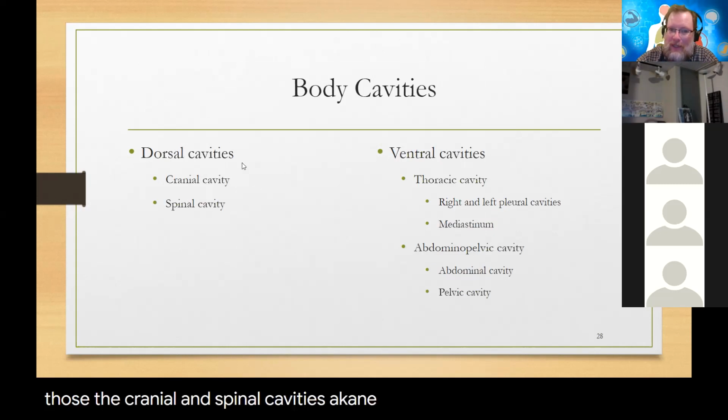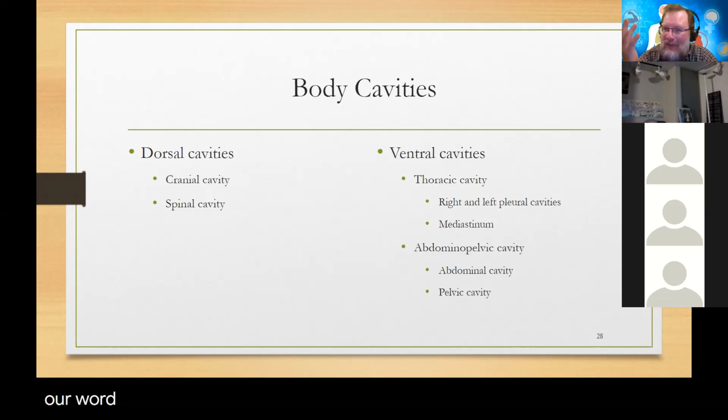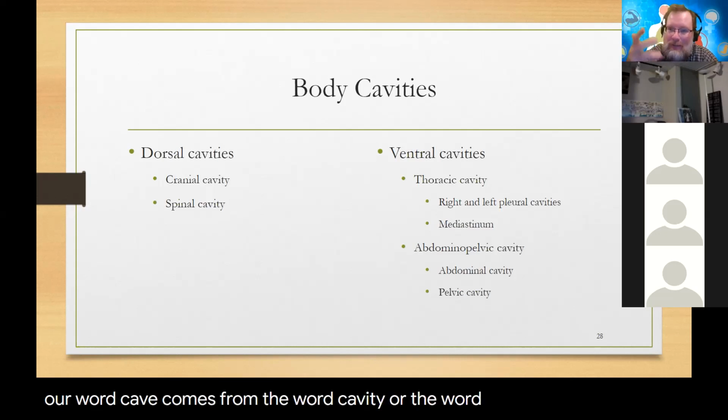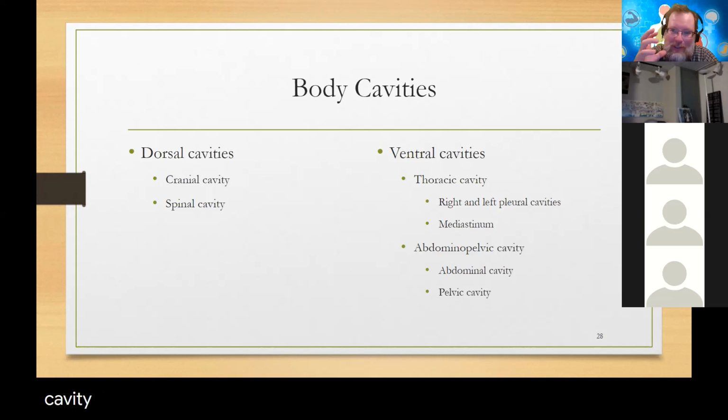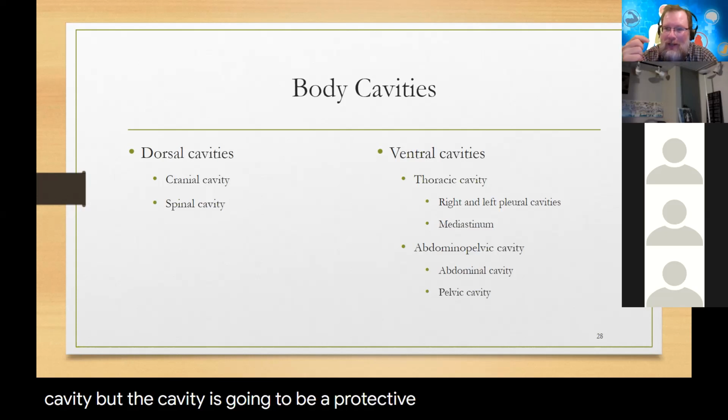A cavity is kind of like a room, basically. Like our word cave, or the word cavern, comes from cavity. But the cavity is going to be a protective area to contain these organs.